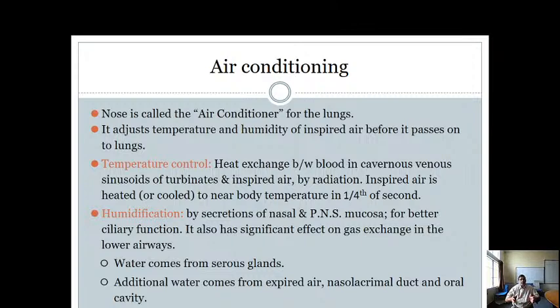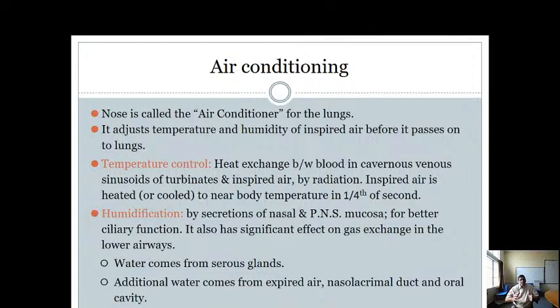Usually that is the temperature at which the cilia work; there are two things that we need to consider: the temperature and the humidification. These are the two factors which control the ciliary activity. If there is high temperature or low temperature, that's very cool, the ciliary action comes down. We'll come to that later. Humidification also similarly, when there is excess humidification or dry air, the ciliary movement comes down.